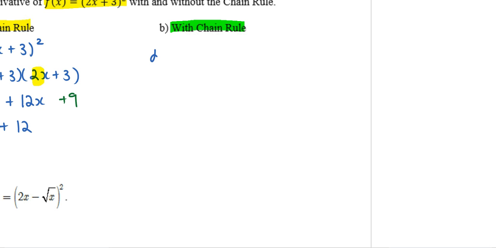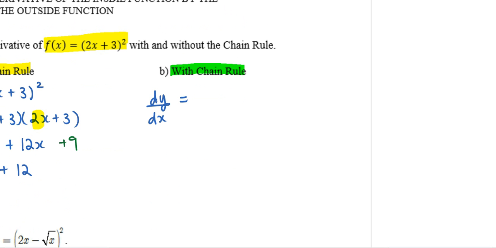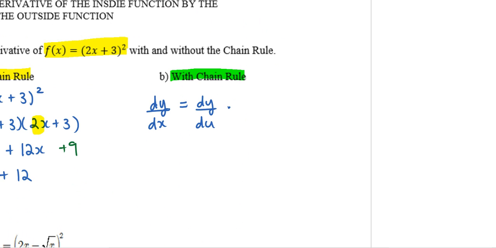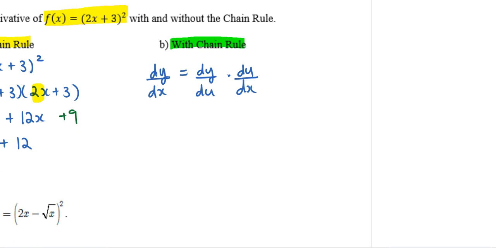So the notation that was being used above was dy by dx. This means you want to take the derivative of y with respect to x. And I believe it was dy by du times du by dx. Okay, and let's just say for simplicity that our question is just 2x plus 3 squared.